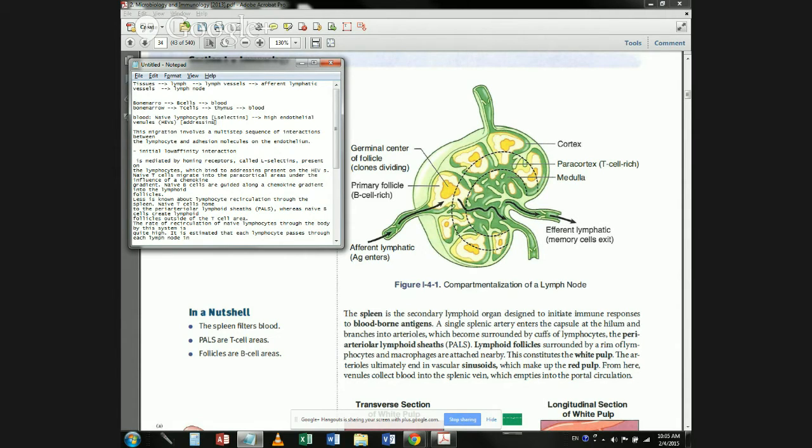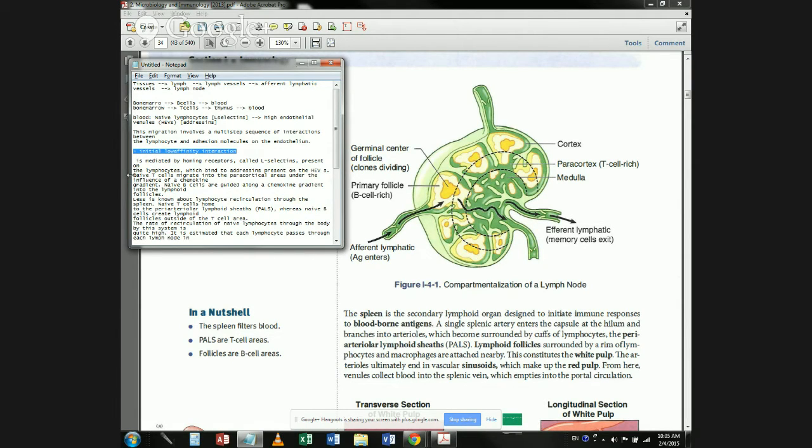The L-selectins will initially bind these addressins in an initial low affinity interaction, right? So that's what happens.